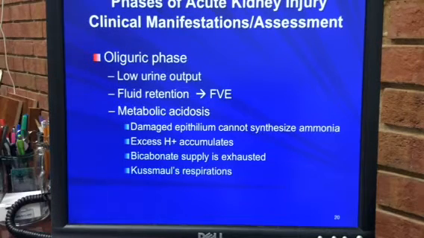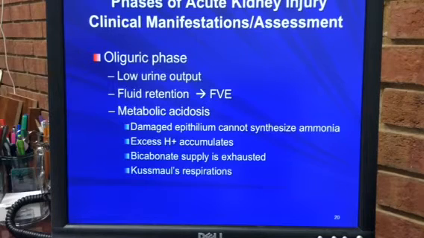Now, do not confuse phases and causes. Causes of kidney failure can include pre-renal situations that are not corrected, post-renal situations that are not corrected, or intrarenal conditions that occur.